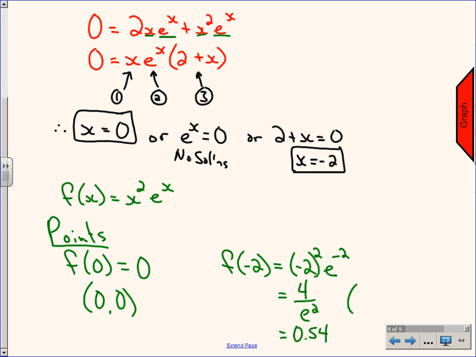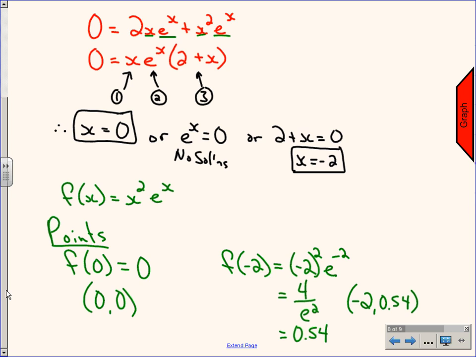So our point is minus 2, 0.54. Those are the locations of our maxes and mins. The second one's got to be a max there, right? It's higher up, whereas 0, 0 would be our minimum. It's lower.